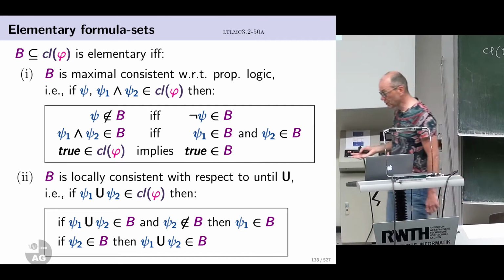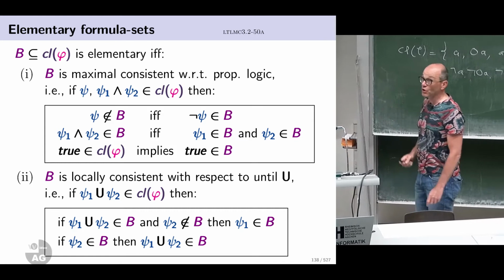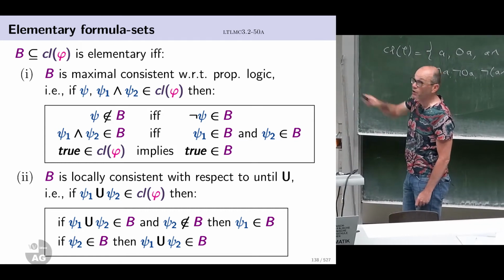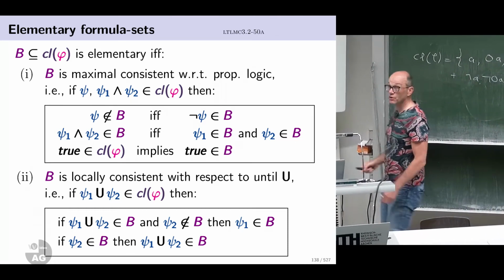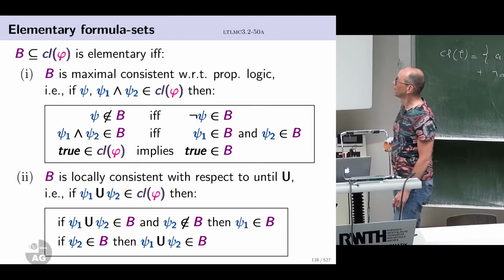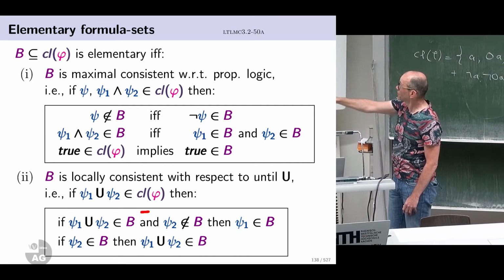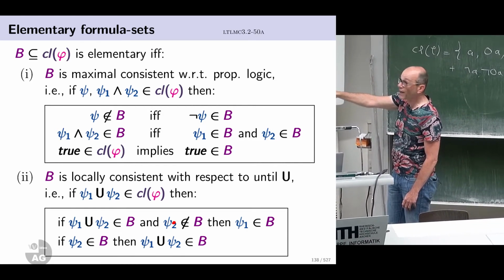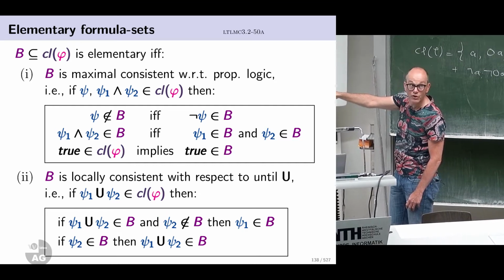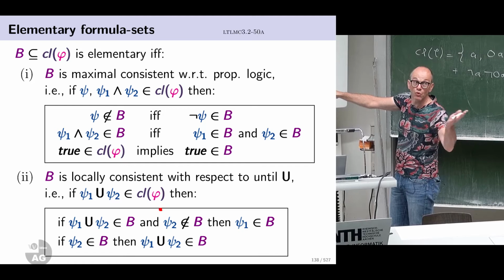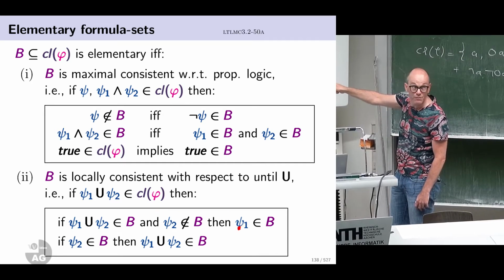The second condition is about the until, and that says the following should hold. If there is an until formula in the closure, like in my case the whole formula, then there are two conditions you need to check. If the until formula has been selected, but the right-hand side of the until, psi2, has not been selected, then there is only one possibility to make the until formula true somewhere in the future, namely that the current state satisfies psi1.